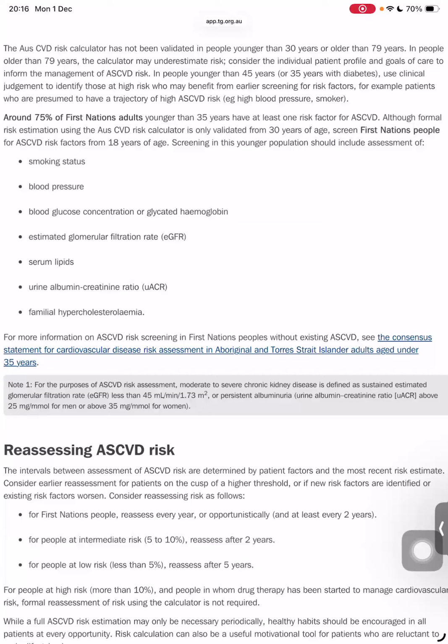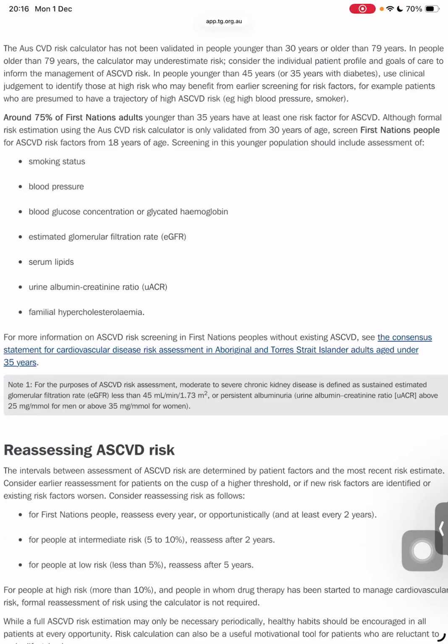Although formal risk estimation using the Australian CVD risk calculator is only validated from 30 years of age, screen First Nation people for ASCVD risk factors from 18 years of age.